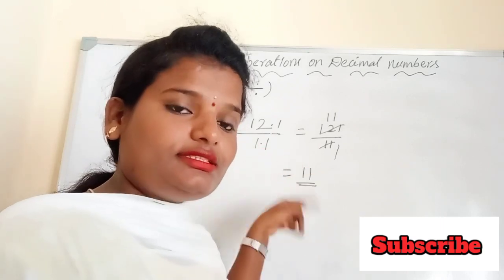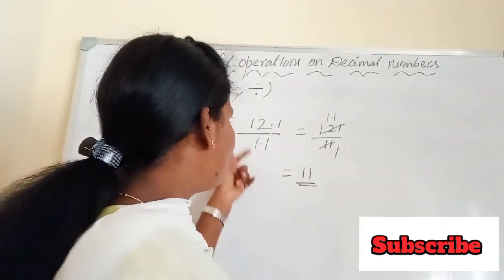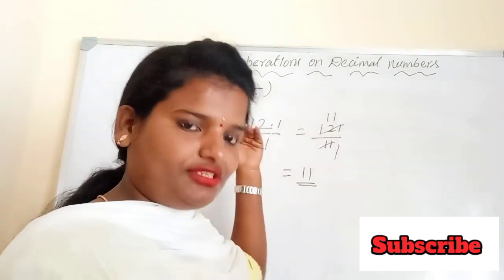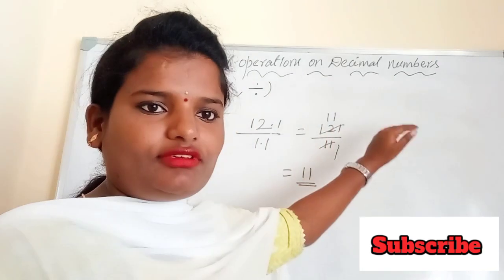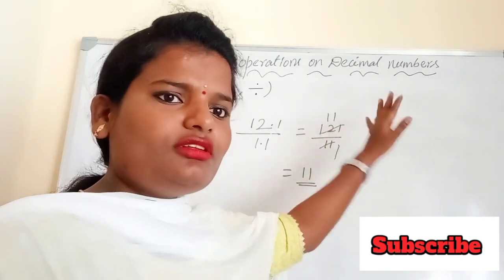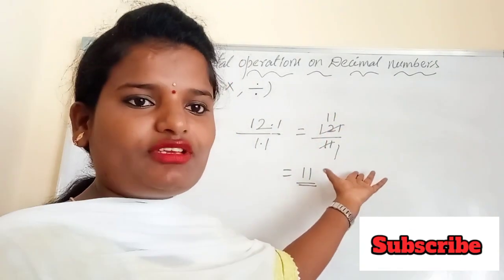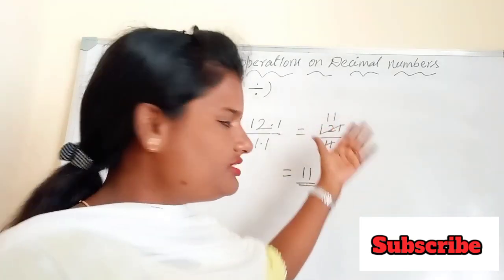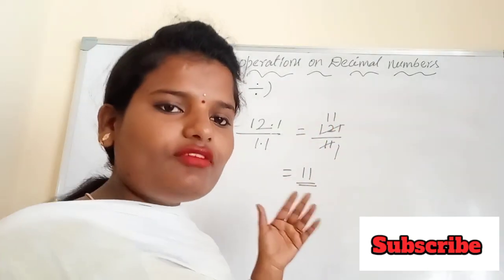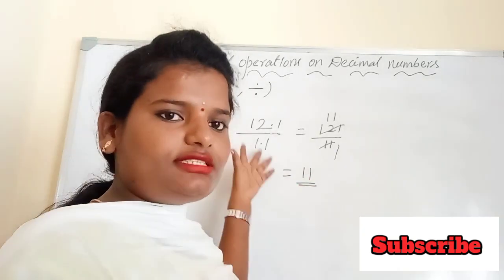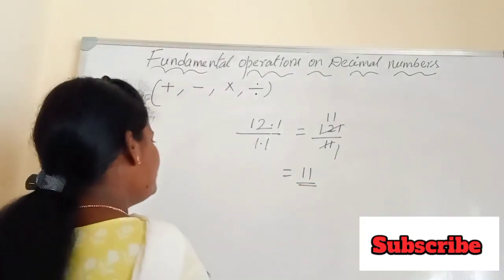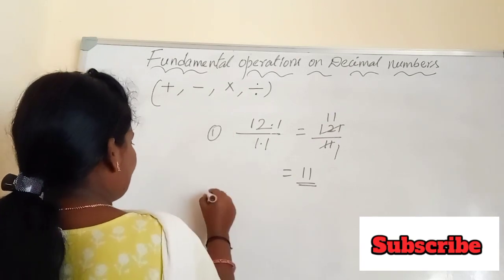In this case, if the number of digits after the point is the same in both, we can ignore the points and take the numbers like integers. So now we can do the normal simplification. We know how to do division. Whatever answer we get is the same answer for the given decimal numbers also, right? So we'll see another example.